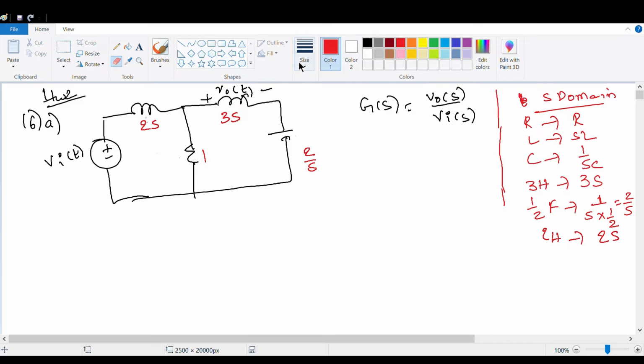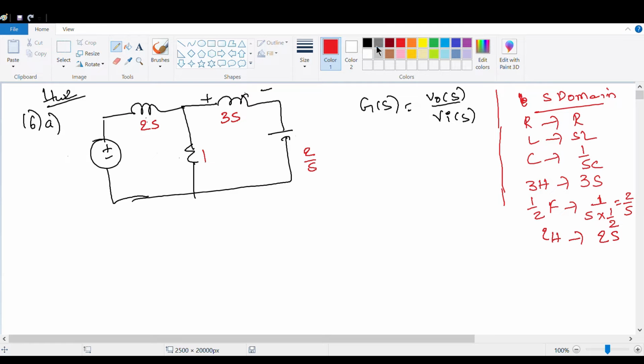Now here V naught of S and Vi of S. This is Vi of S and this is V naught of S. I am changing the circuit from time domain to frequency domain.